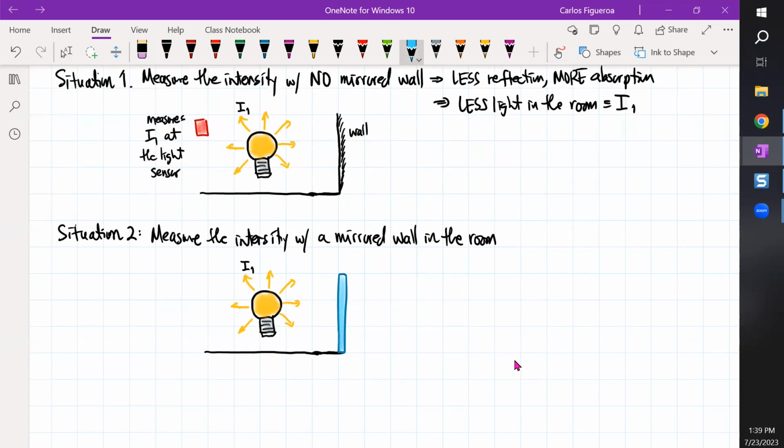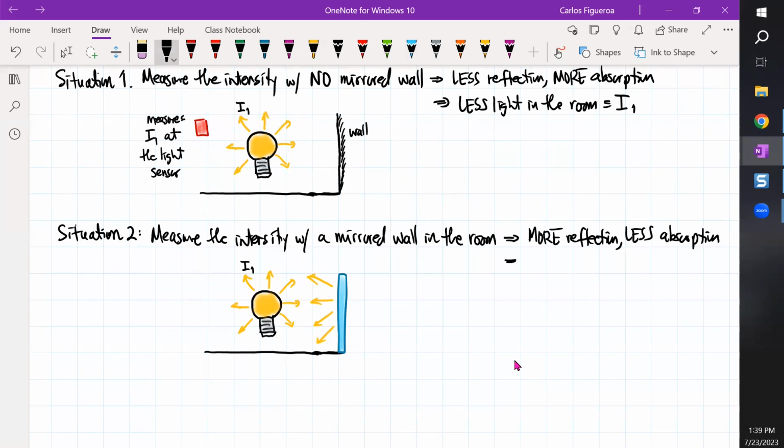As we said before, the light is now being reflected off the mirror. So in this situation, there's more reflection, less absorption.